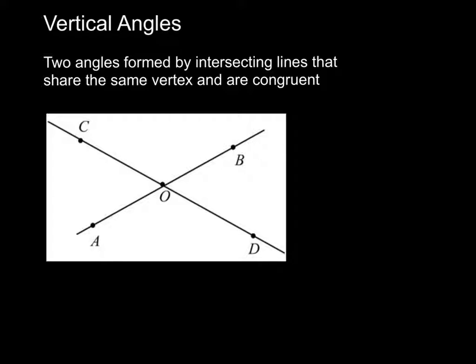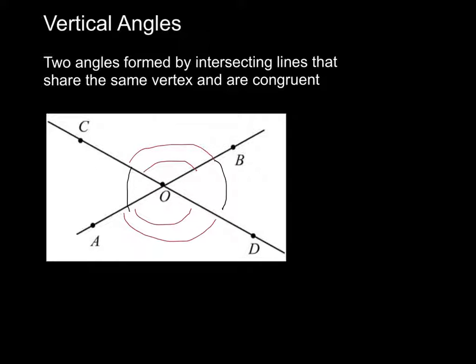In this diagram, angle COA, now remember we could also call that AOC, is vertical to angle BOD. Therefore, those two angles are congruent. Similarly, angle COB or BOC is congruent and vertical to angle AOD or DOA.